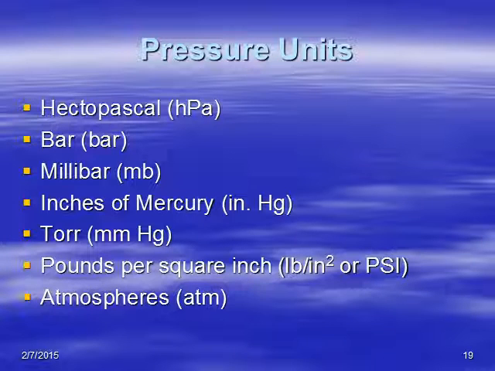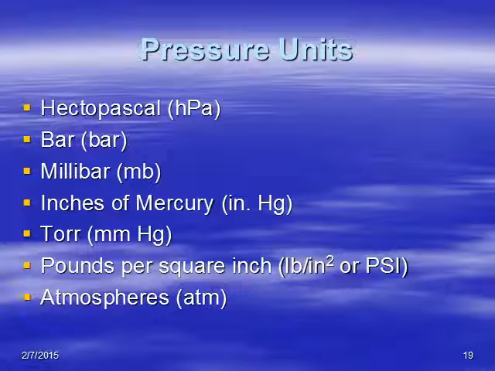There are lots of other units that are used for pressure. Here in the United States, we've been using millibars for a long time. However, since pascals are the SI unit now, the correct unit, meteorologists like to use hectopascals, which is 100 pascals, because 1 millibar is approximately 100 pascals.